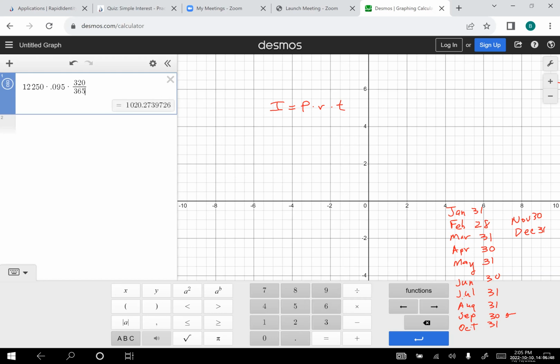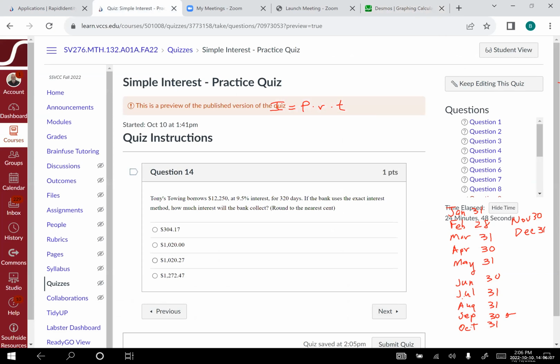So I get 1,027. That's how much interest is on that loan. A loan of 12,250 at 9.5% for 320 days. There it is. Nice.